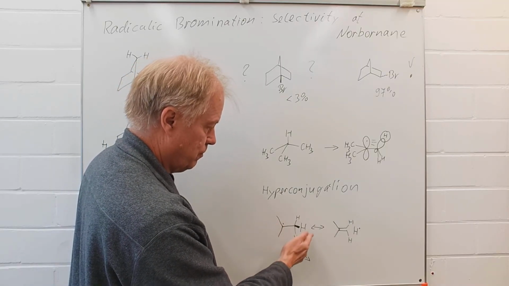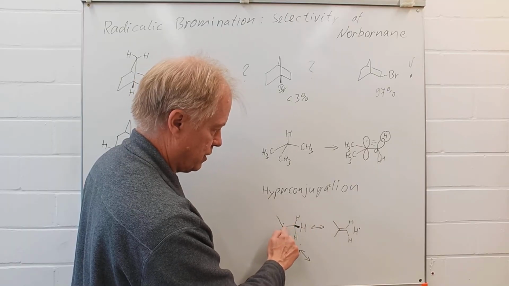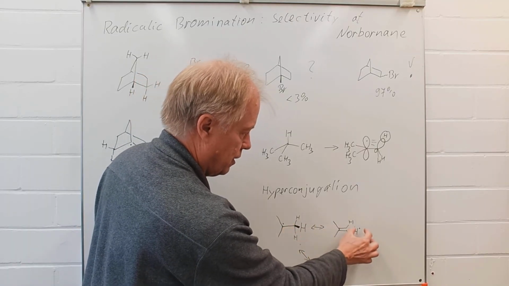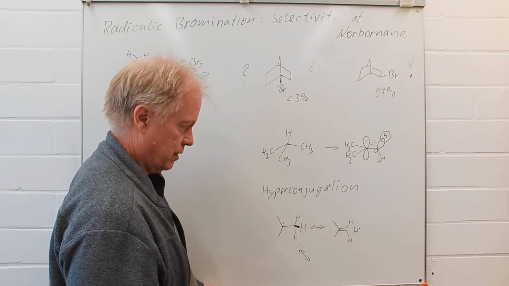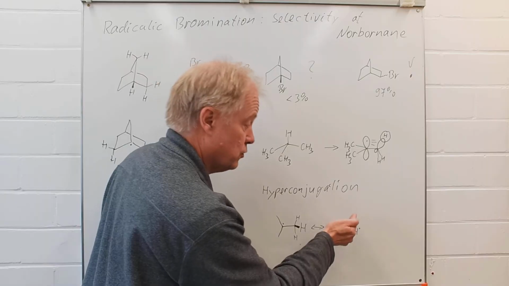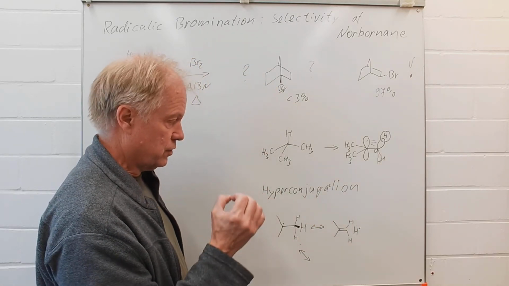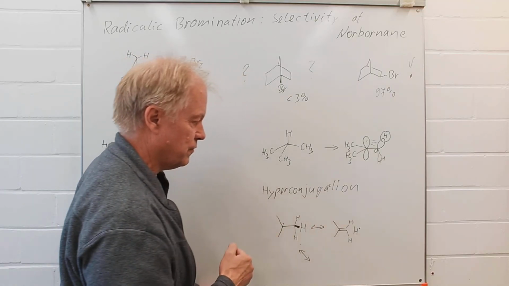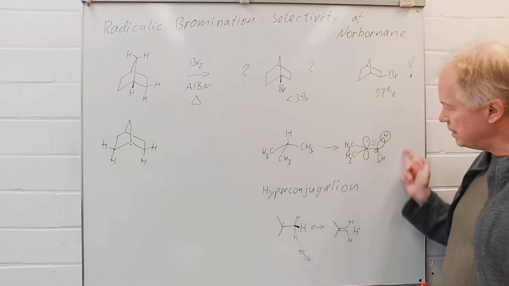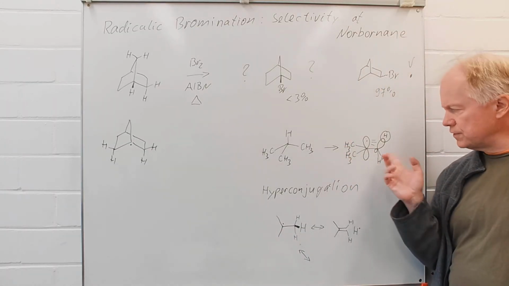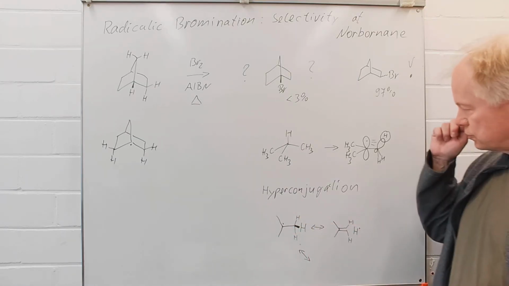Let's assume that we have partially a double bond character here and then a radical hydrogen there. This is not a real intermediate, it's just a mesomeric structure, some kind of visualization. Here I think this model is far better than those mesomeric structures.